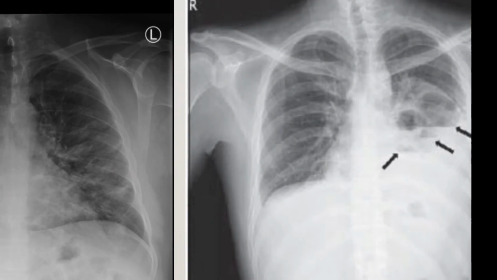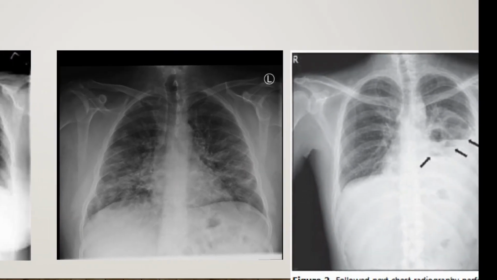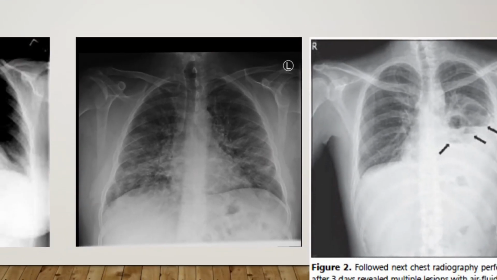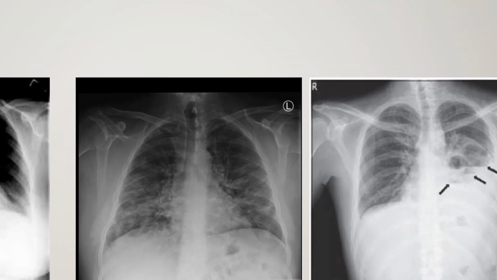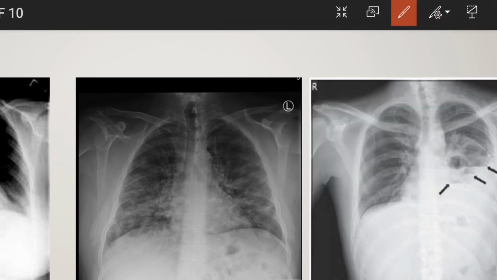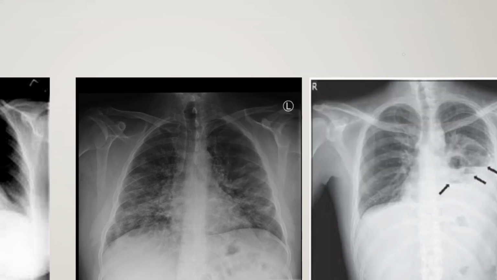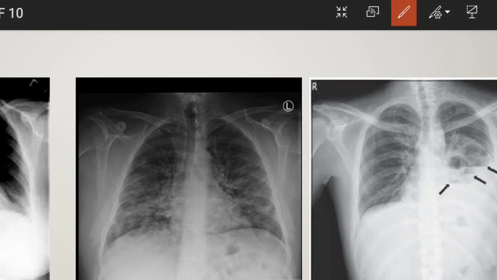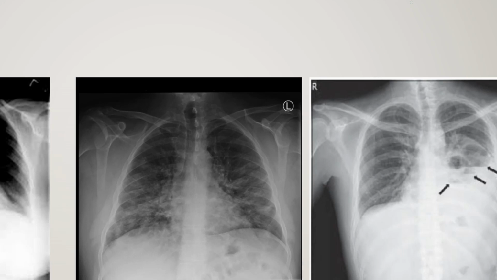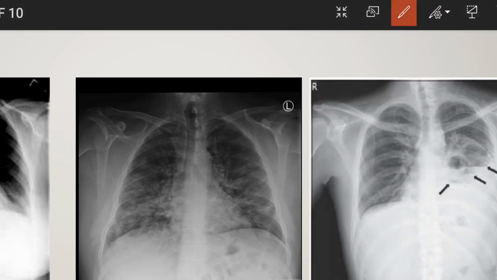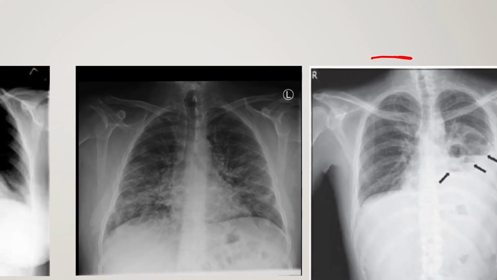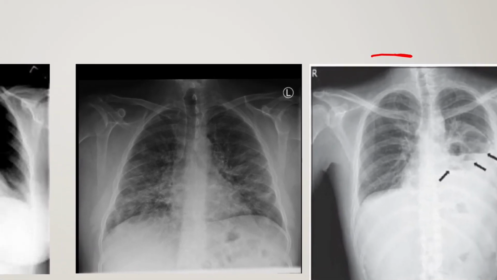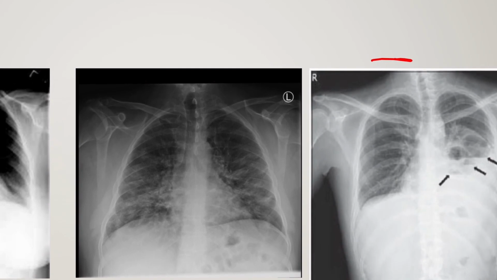Here, what can you see? Alright, I'll give you a few seconds to see, whilst I try and get my pen again. Alright, if you didn't already get it, you can see horizontal lines. And so what does that mean? It means there is an air fluid shadow.